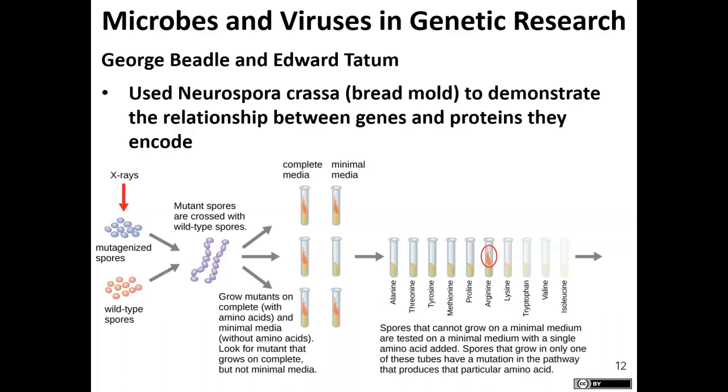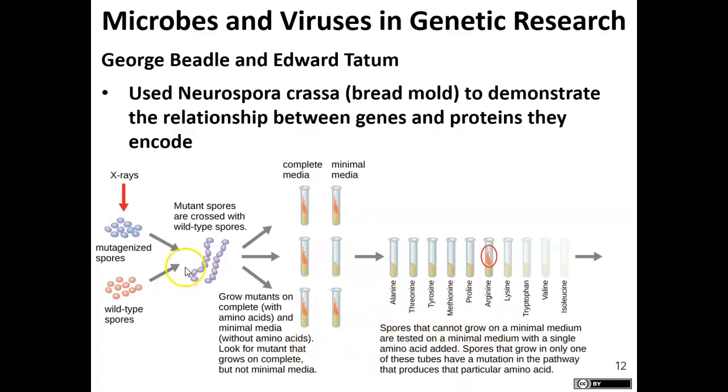So if a spore, in this case, cannot grow on the media, like say it can't grow without arginine, then it has a mutation within the pathway of arginine, and so it has to have arginine in the media.